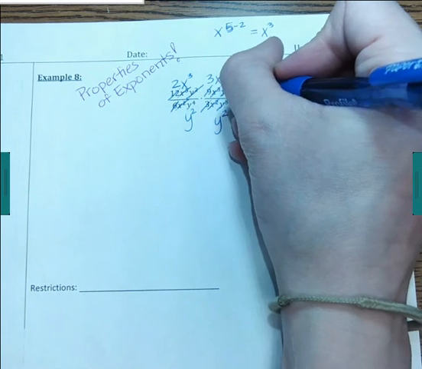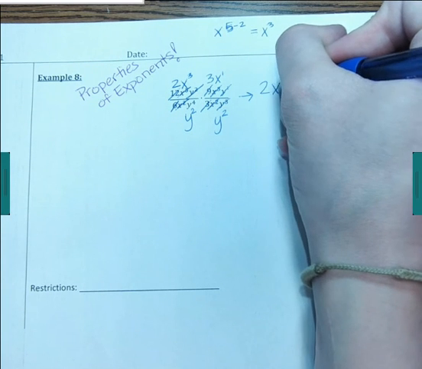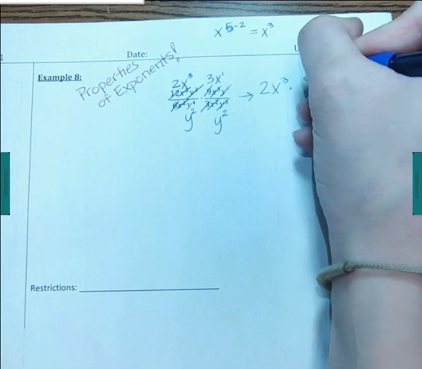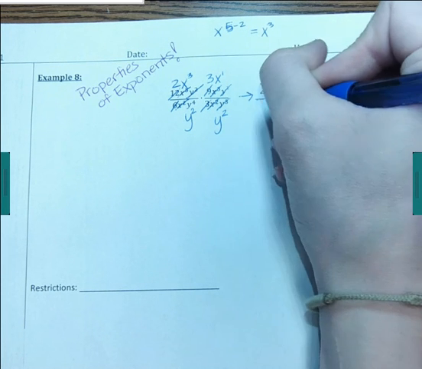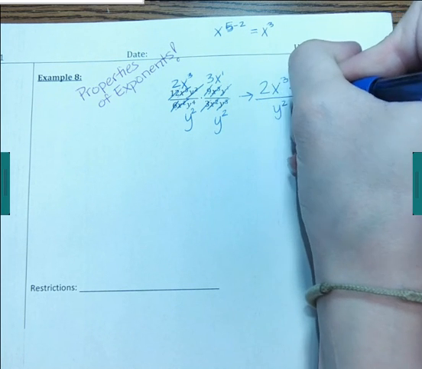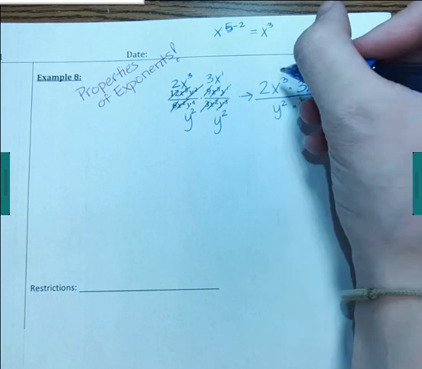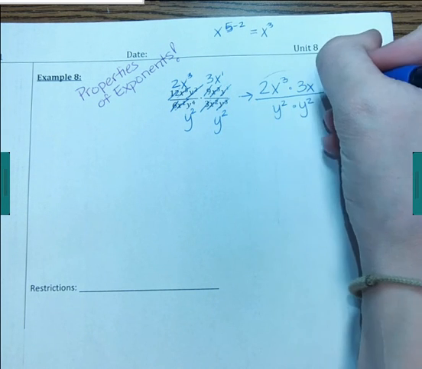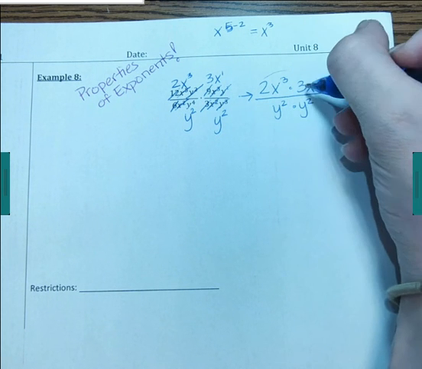So let's go ahead and rewrite this so it's a little bit neater. 2x cubed times 3x times y squared times y squared. Once again, using our properties of exponents, don't you love them? So our normal numbers multiply together like normal numbers, so 2 times 3 is 6. Now x cubed times x.